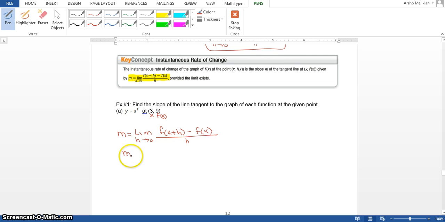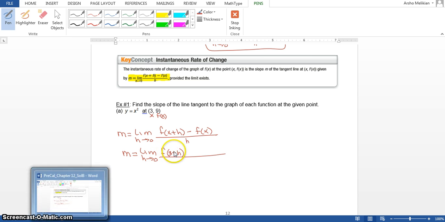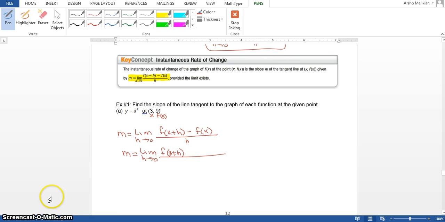So m is equal to the limit as h approaches 0 of f of 3 plus h, right? X is 3, so I plug it in here, minus, what's f of x? 9 over h.